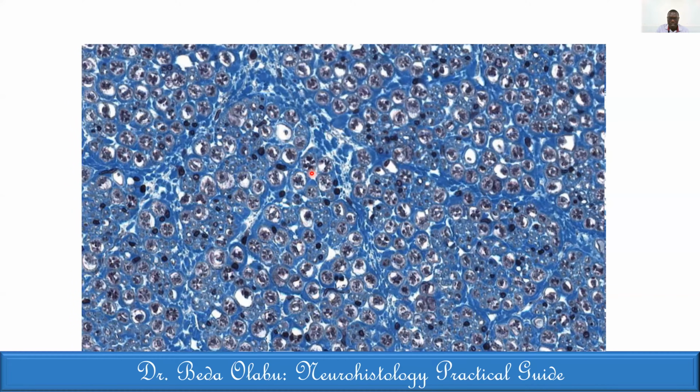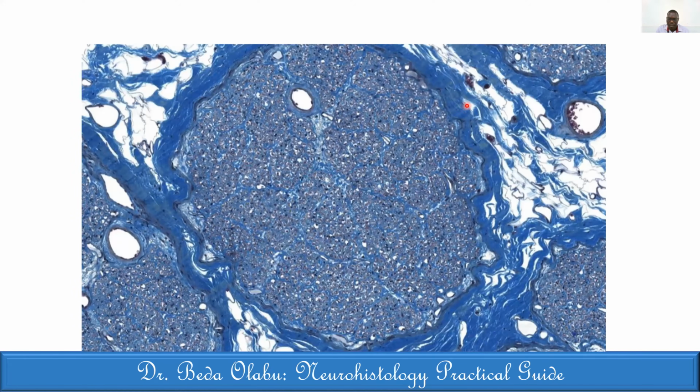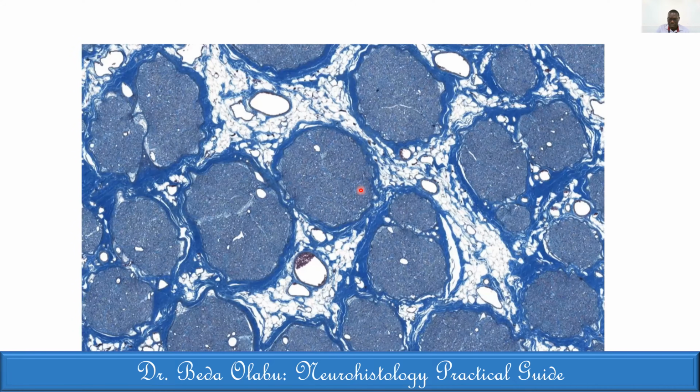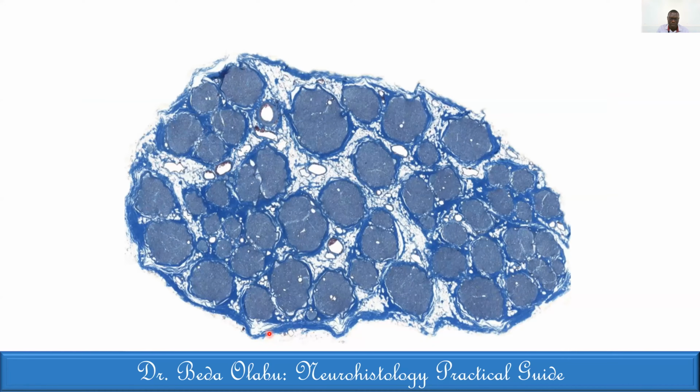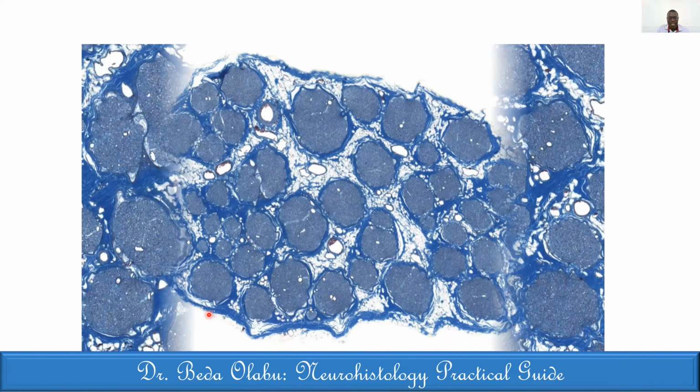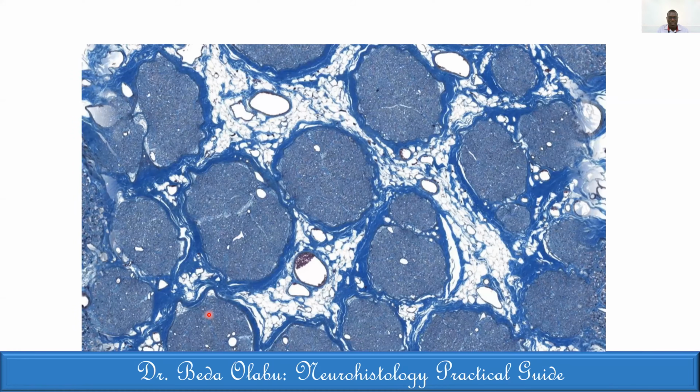And then this is the perineurium, surrounding the fascicle. And then this is still perineurium. And then this is the epineurium, surrounding the whole peripheral nerve. Okay, so that's the slide of the peripheral nerve.